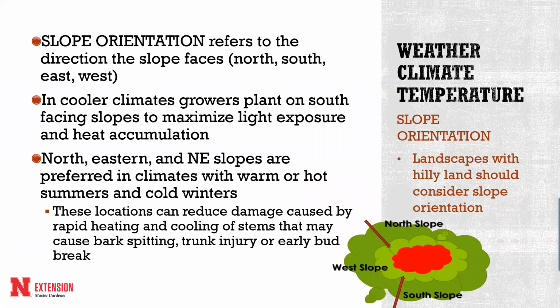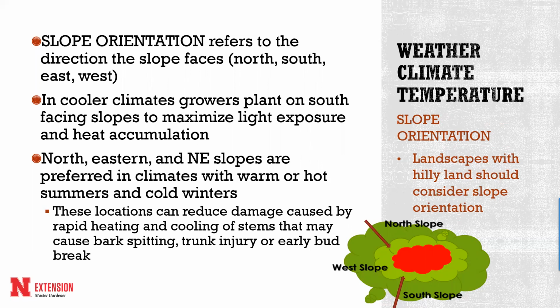We talked a little bit about slope orientation when we were talking about the planting of the grapes on slopes. But slope orientation is the landscape with a hilly land, and it should definitely be considered when you're planting. A couple of thought processes when you're looking at this.